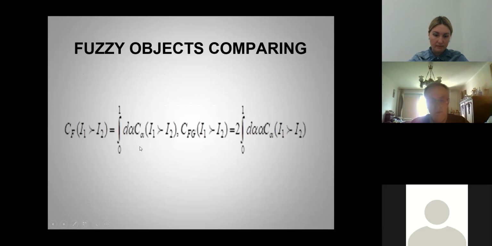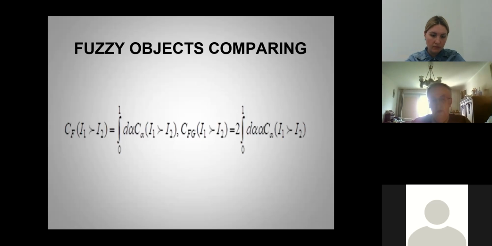And now we will apply this method to comparing of fuzzy automatons. To do so, as usual, we should use the classification procedure. The first procedure, the second procedure, but we cannot at once integrate this formula because the area of integration is divided into sub-domains.